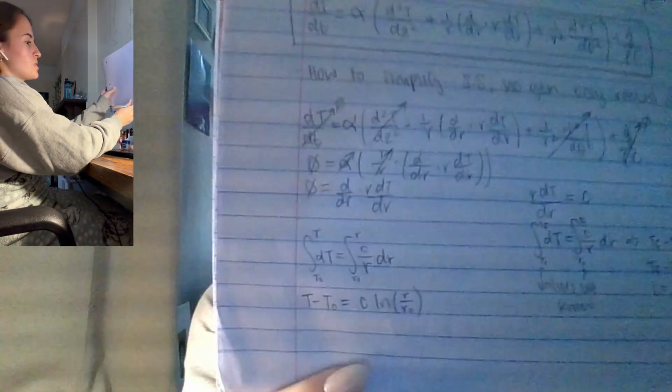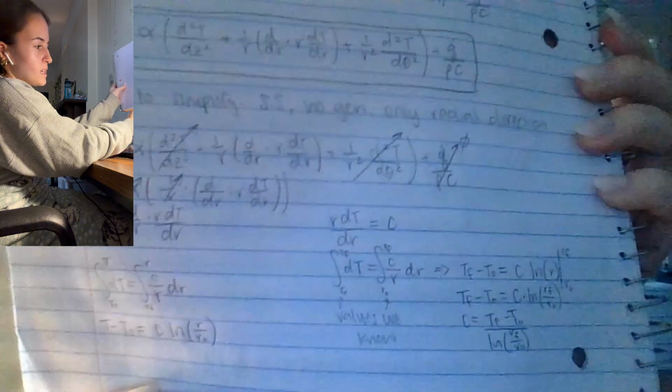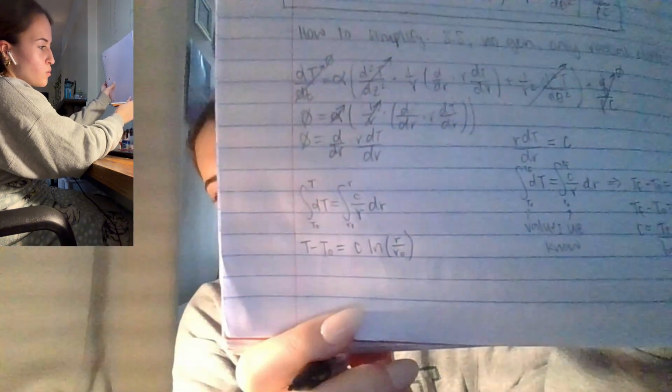So this is just simplifying the same way that we did for this one, but now we're trying to solve for T. So we'll have T equals C natural log R over R naught plus T naught, which is the initial temperature. So now we're going to plug in the C that we found from that other integral.